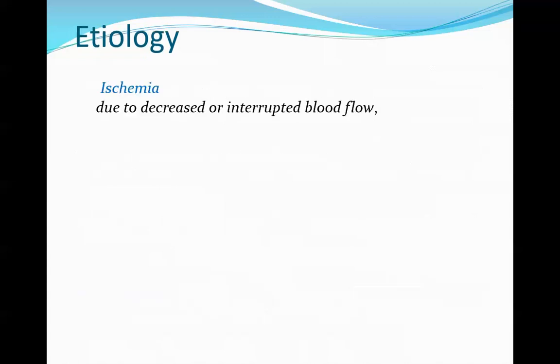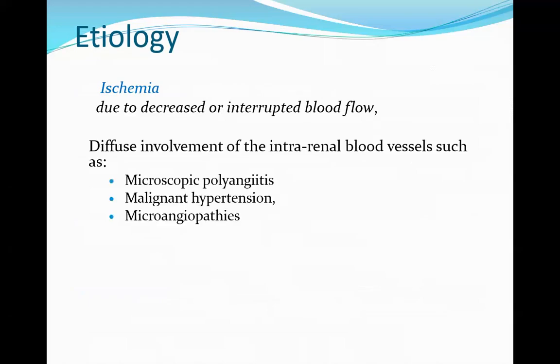Ischemia is due to decrease in or interrupted renal flow. The diffuse involvement of intrarenal blood vessels, such as microscopic polyangiitis, malignant hypertension, and microangiopathies. So this happens inside the renal artery.